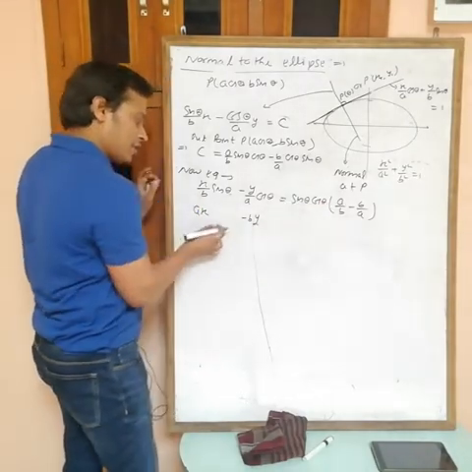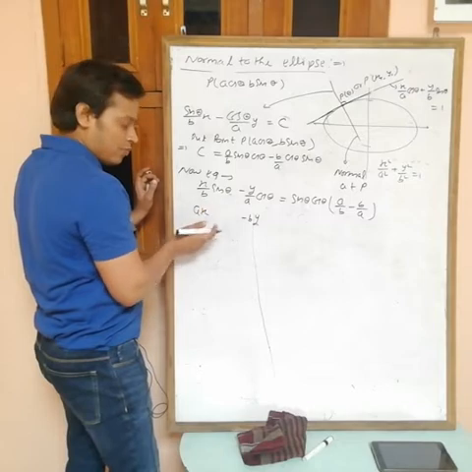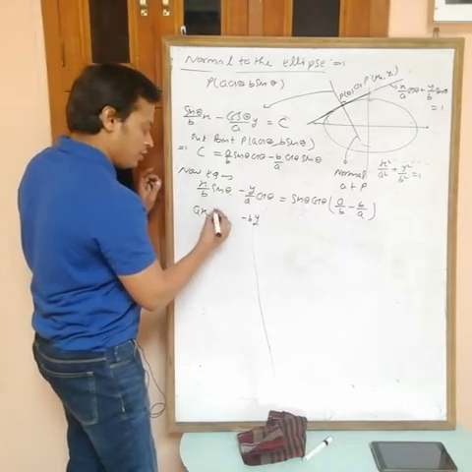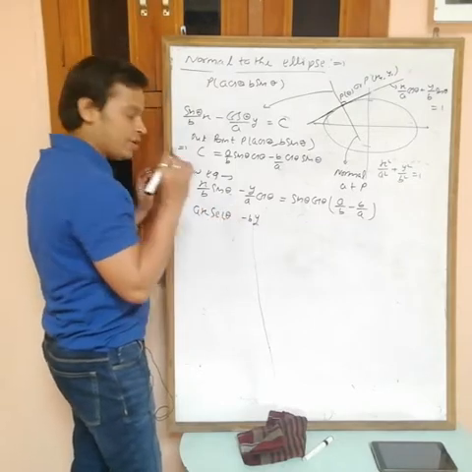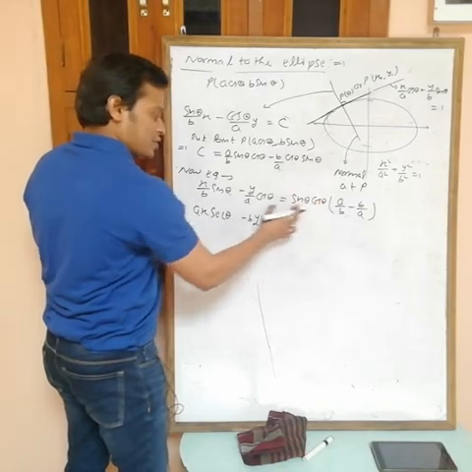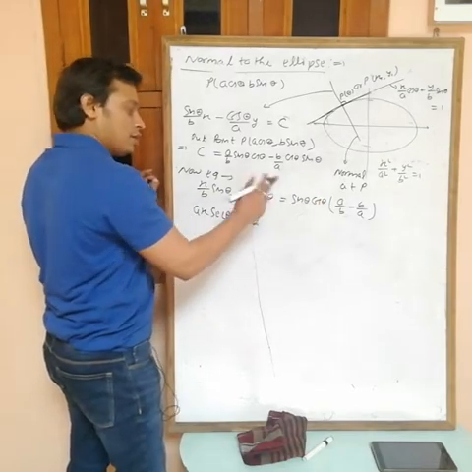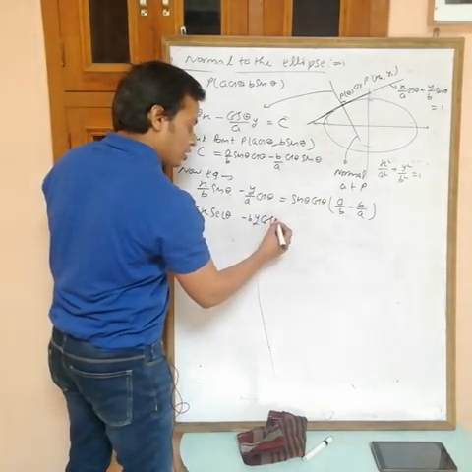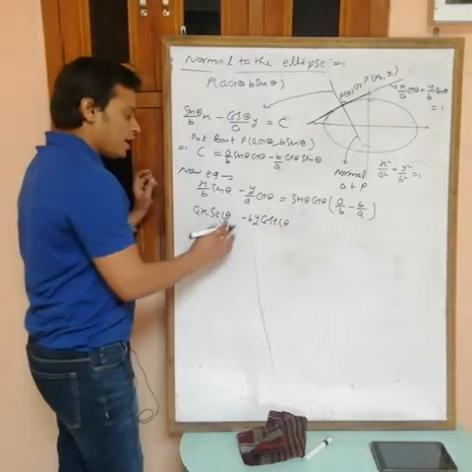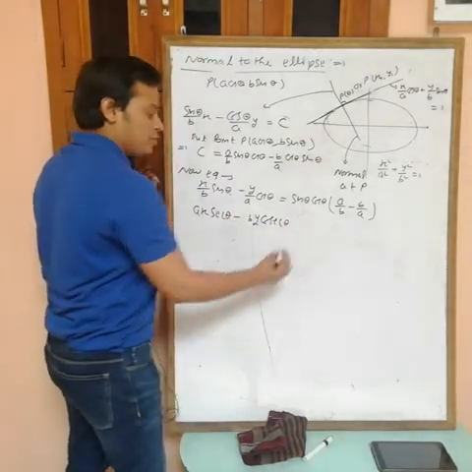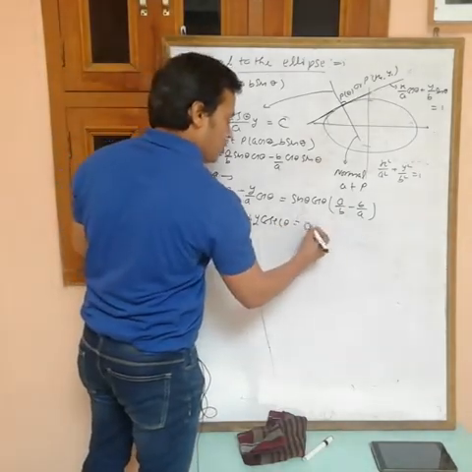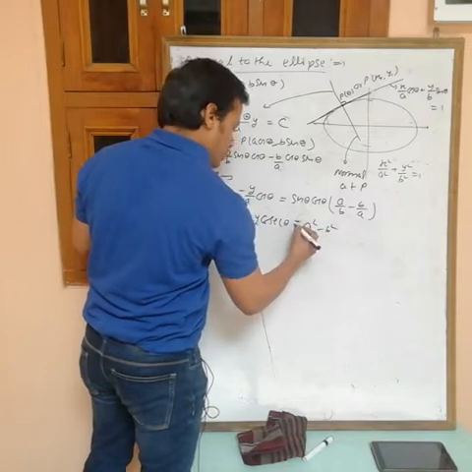If you divide with sin theta cos theta, sin cancels out with cos theta, so cos theta in the numerator becomes sec theta, ax sec theta. Divide with sin theta cos theta, cos cancels out, sin in the numerator becomes cosec theta. Okay, so ax sec theta minus by cosec theta, and here we have a square minus b square.